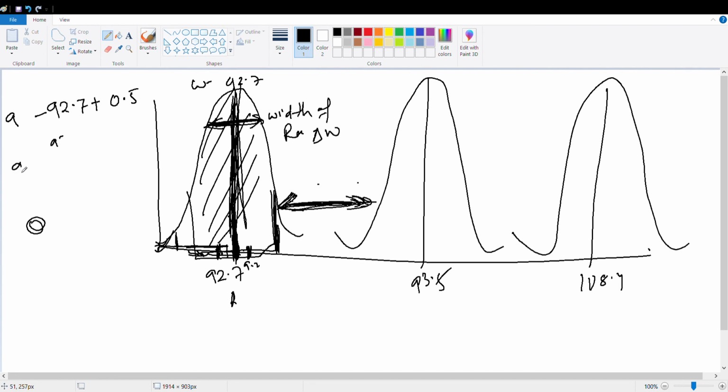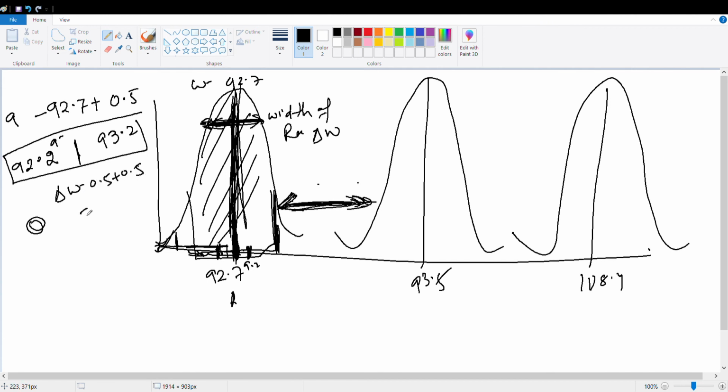So maybe your frequency will range from 92.2 to 93.2. And what will be delta omega? How much difference? 0.5 this side, 0.5 this side. So delta omega will be 0.5 plus 0.5, that is 1 hertz. That is called the width of the resonant curve. Rather, we say bandwidth. Is it clear?